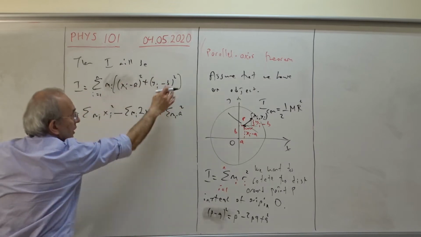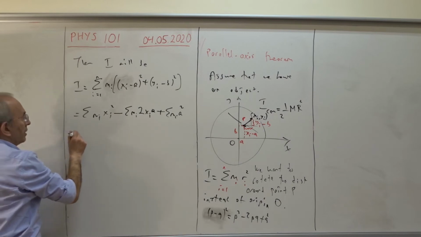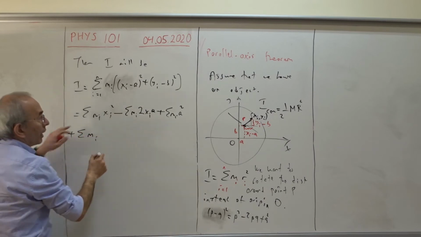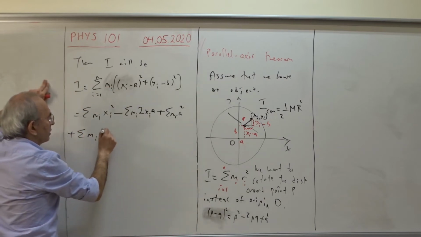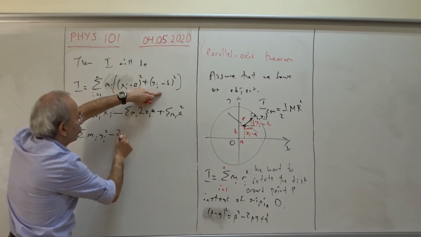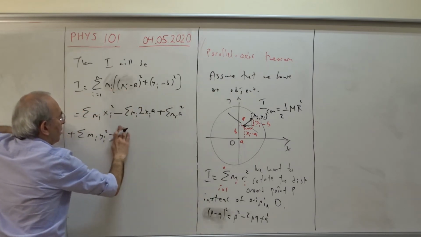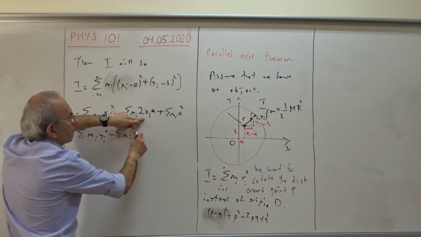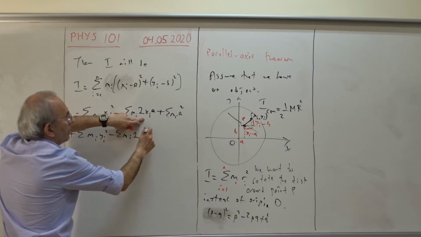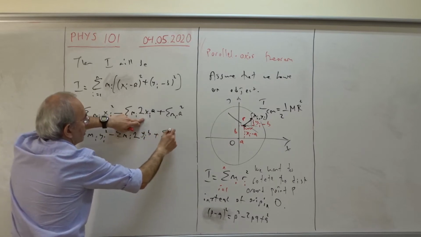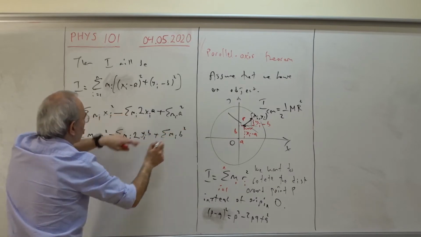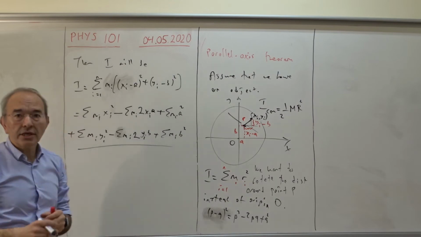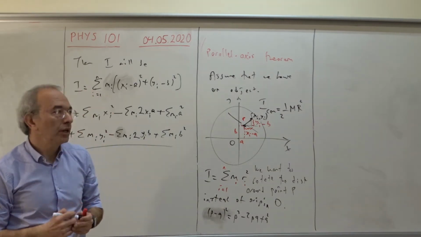We continue with the second block, plus summation mi yi squared, minus again, twice, summation mi yi b, plus summation mi b squared. So we have 6 such terms, 2 of which will be 0.